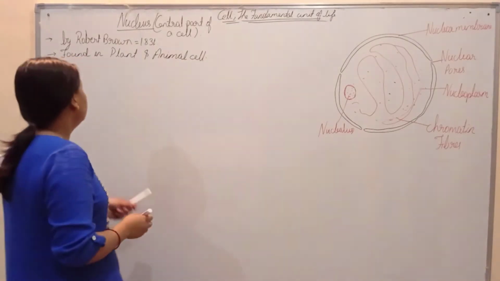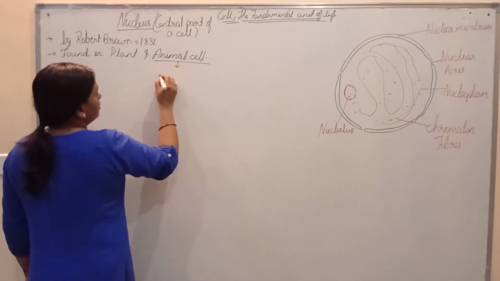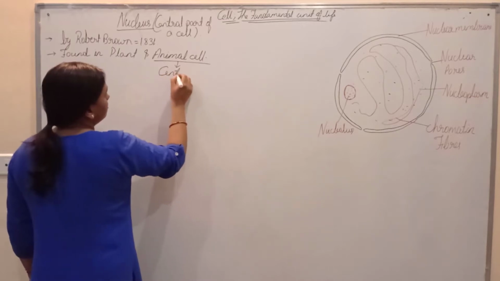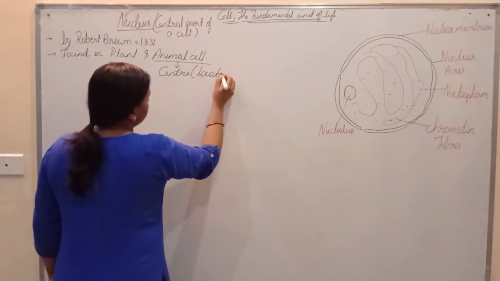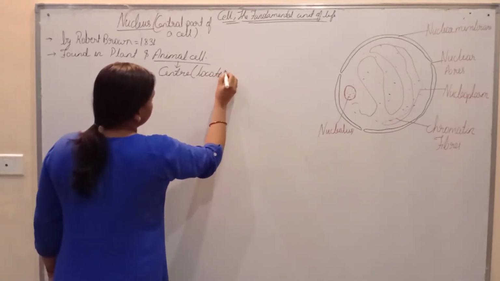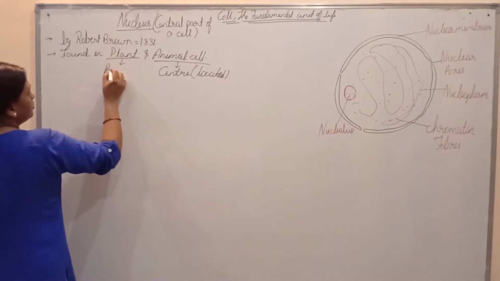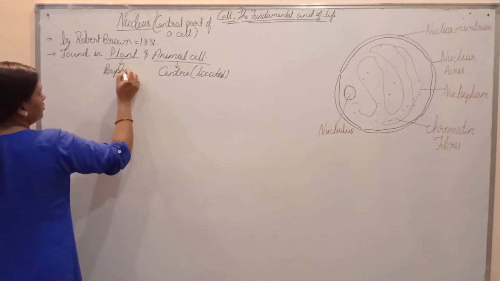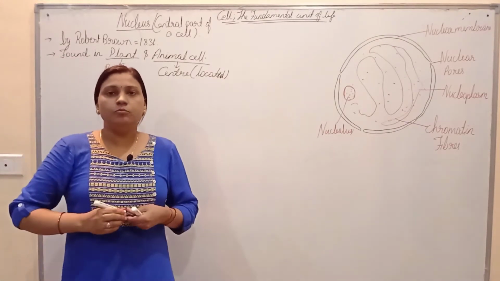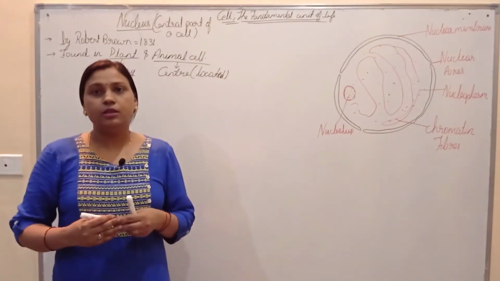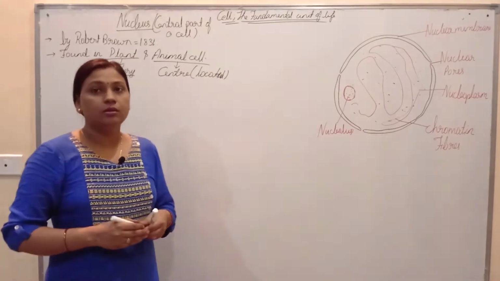In an animal cell it is located at the center of the cell, while in a plant cell it is located towards the periphery. The nucleus in plant cells faces towards the periphery because of the presence of large and prominent vacuoles inside the plant cell.